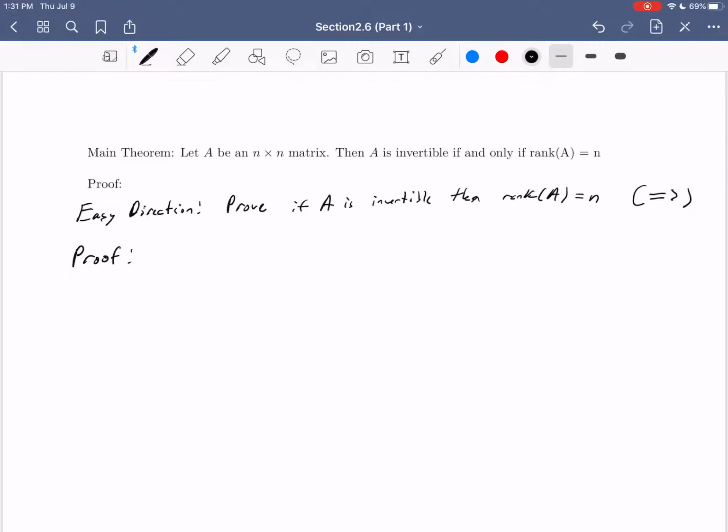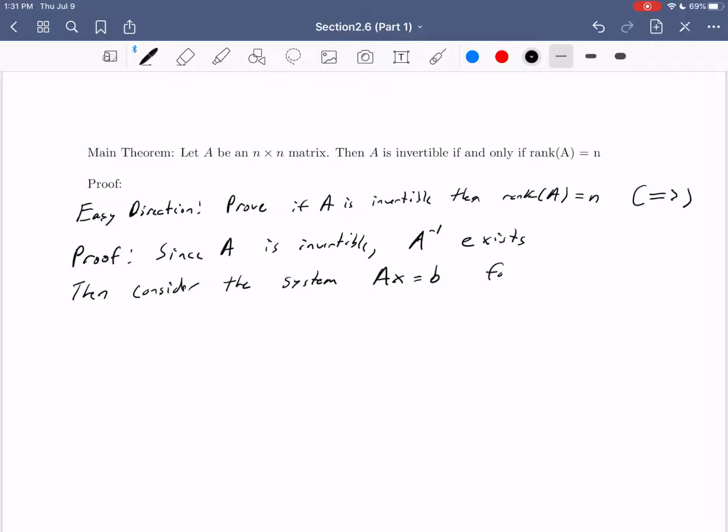So proof. Since A is invertible, A inverse exists. So then consider the system AX equals B for any B. So we're just going to say since A is invertible, we know A inverse exists, and we're going to consider this system.